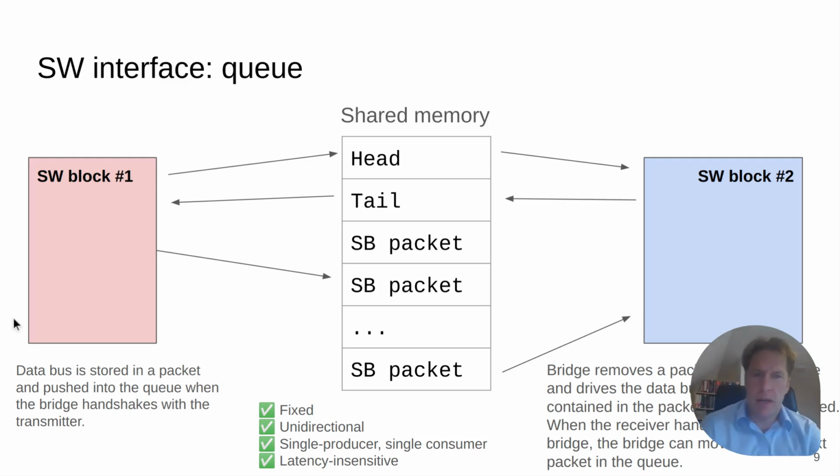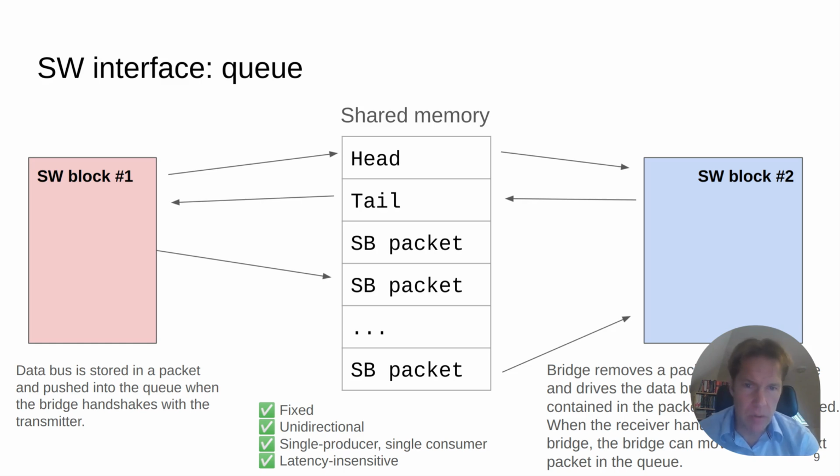If we go to the next level of abstraction, we can also implement these switchboard connections in software using queues. It turns out that shared memory queues are very, very fast on modern machines, so we're talking microsecond type latencies to interact with these queues. The idea is that you write data into the queue from a transmitter of the switchboard connection, and then you pick up elements from this queue from the receiver.